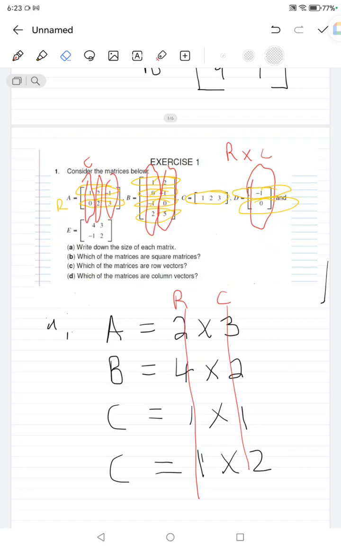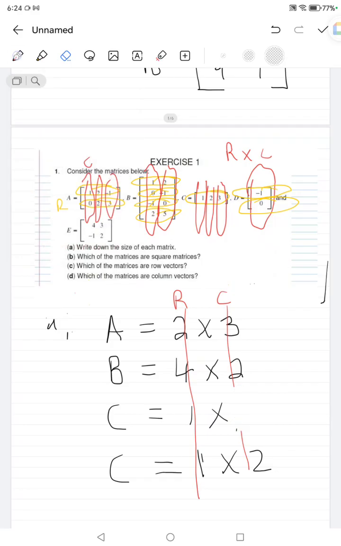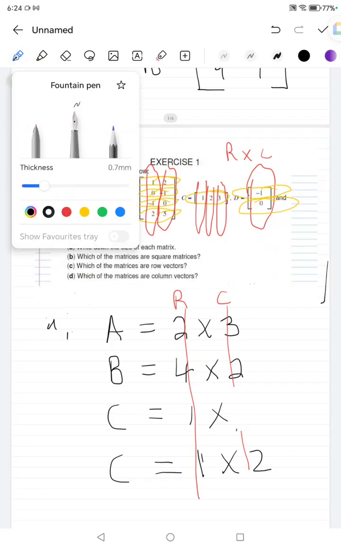Yeah, I made a mistake because we have 1, 2, 3. I was just thinking about something else. Let me just see. Rows 1, the columns, that's 3, 1 by 3. So yeah, sorry for that. 1 by 3.